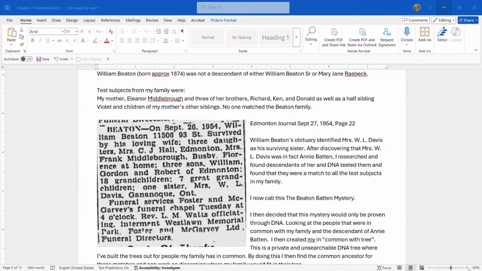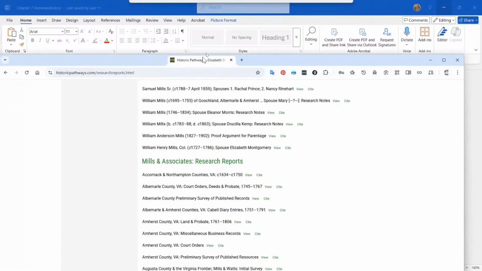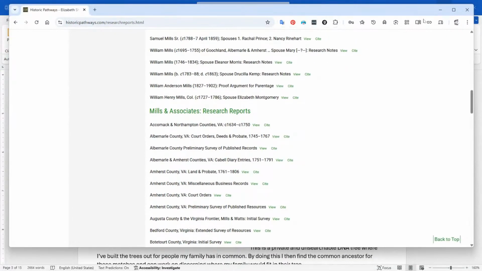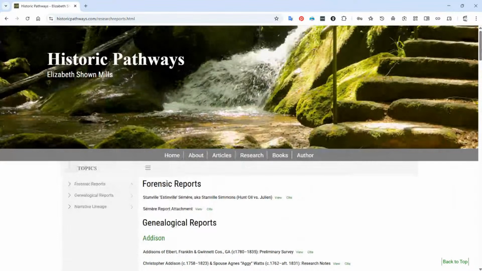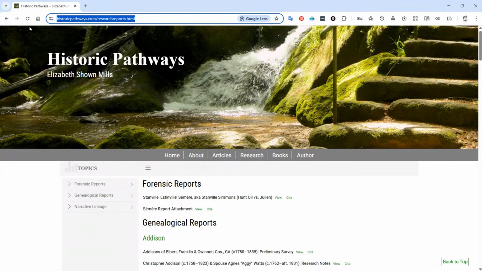Oh, okay. I'm going to pull this up and share this link with everybody. Now, Historic Pathways is her research articles and sample reports that give us models for how to compose these things.